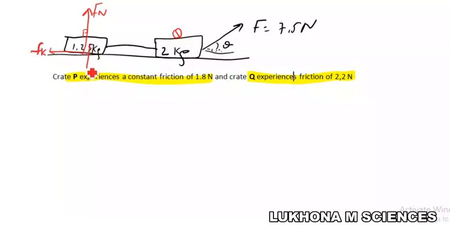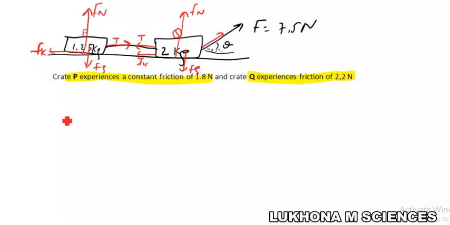Then we have Fg, which is always going down. Then we have the force that pulls P, that is tension. This tension also pulls Q, the same tension. Then we have the friction on Q. Then we have the normal force, which acts perpendicular to the surface, and then we have Fg here. Then we have this force that is applied.